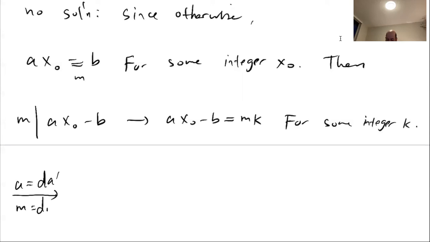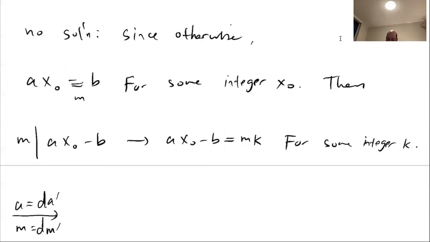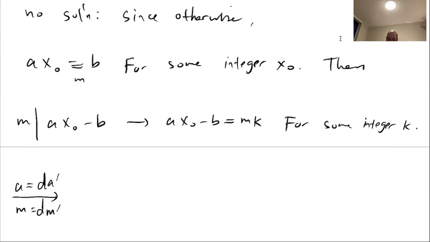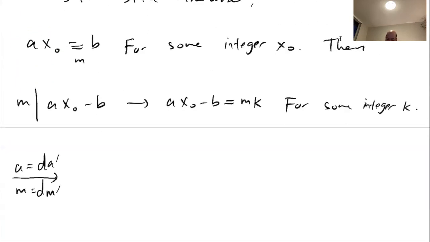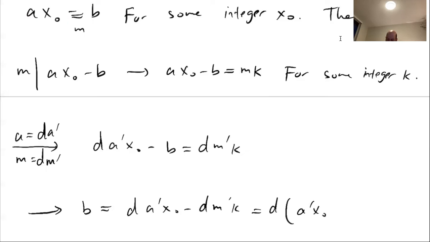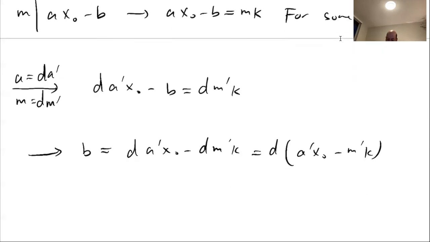M, we can write it as dM prime, because remember, D is the greatest common divisor of A and M. So that means D is a factor of A and also a factor of M. So that means dA prime x0 minus B equals dM prime K. Now if I take B to the right side and the term dM prime K to the left side, I get B equals dA prime x0 minus dM prime K, which means D times A prime x0 minus M prime K. And this is a contradiction.